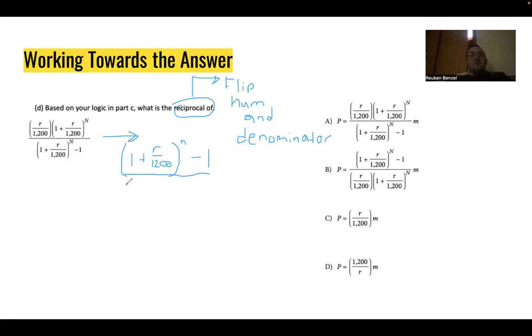And then on the bottom, we're going to put r over 1200 times 1 plus r over 1200 to the n. And there is distinctly one answer choice in which we have that. And that answer choice is B.